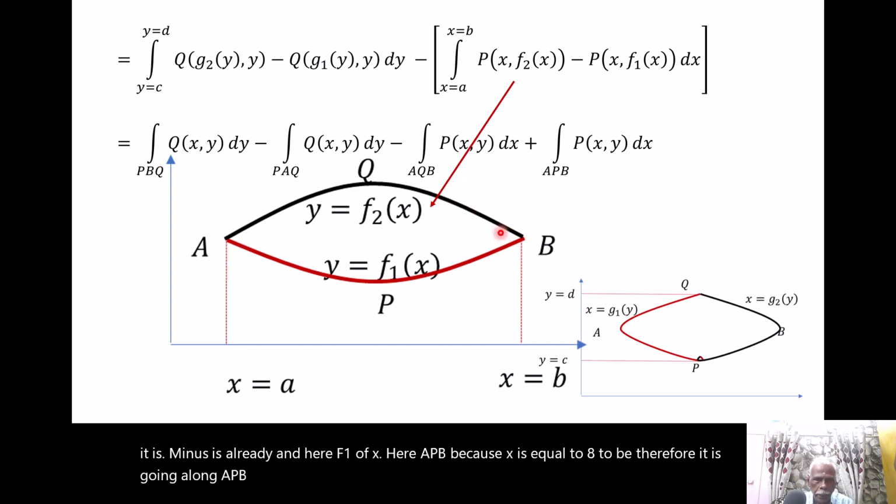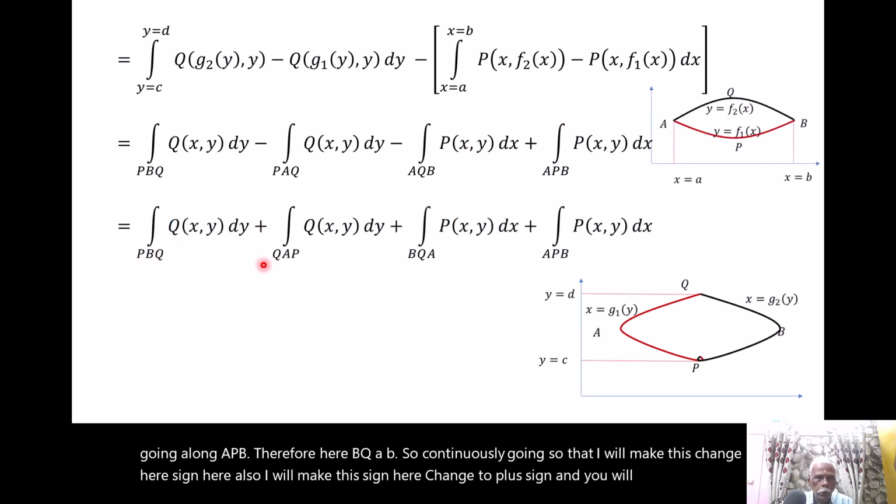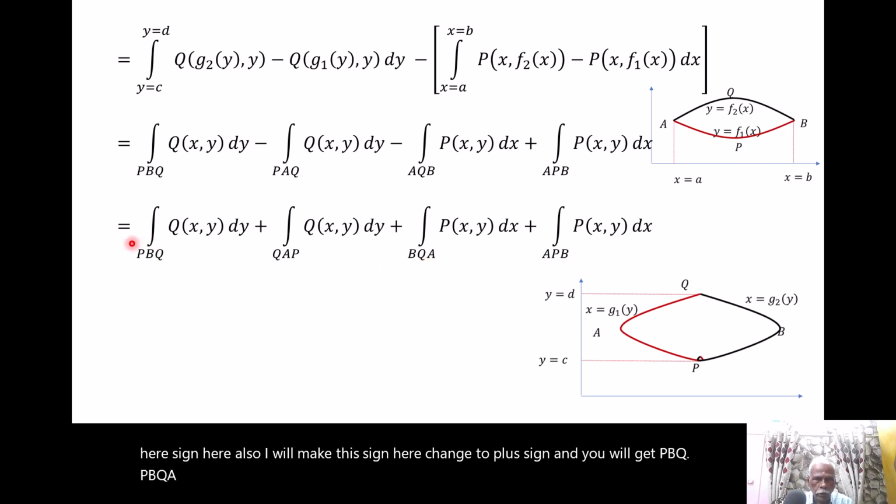Therefore here BQA, PB, so continuously going. So I'll make this change here to a plus sign. Here also I'll change this sign to plus. And you will get PBQAP, BQAPB. Therefore both are anti-clockwise, so that we can integrate and add it as it is here.